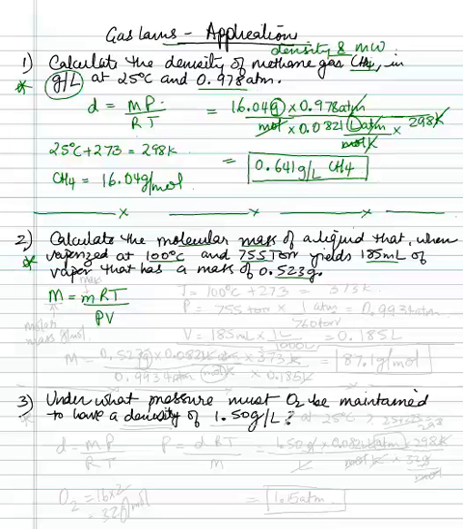The capital M here is molar mass, and the small m here is mass. All the other letters you already know: R is the gas constant, T is temperature, pressure, and then volume. Now what we need to make sure is that our units are correct. Remember, molar mass is going to be grams per mole. That's the units we are looking for.